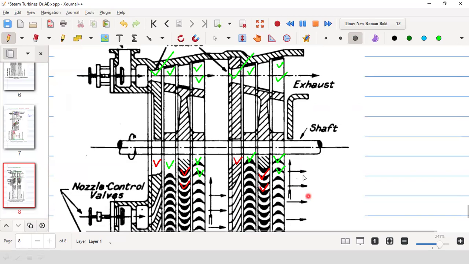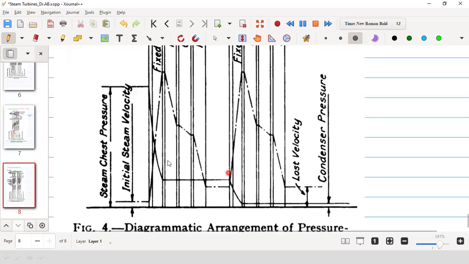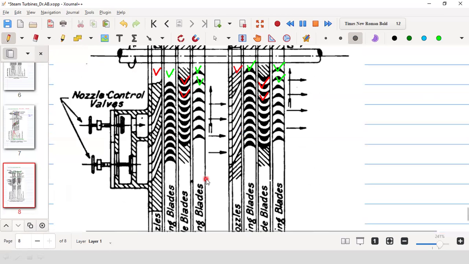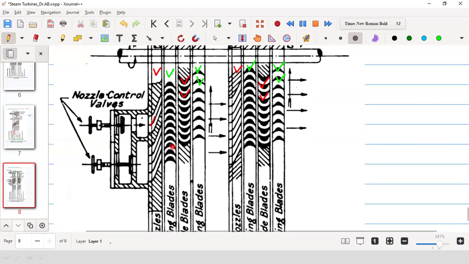Now you follow the pressure and velocity variation. No, these are blades. This is the nozzle only, this is not. No, the red mark, I have marked red for this also. This is the nozzle. This is the nozzle only. Okay, let me show with the color.